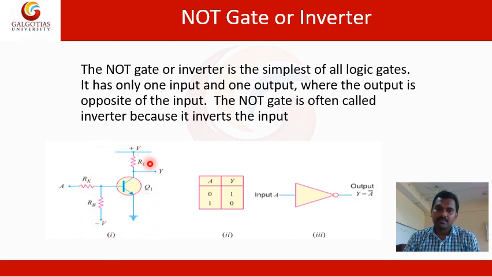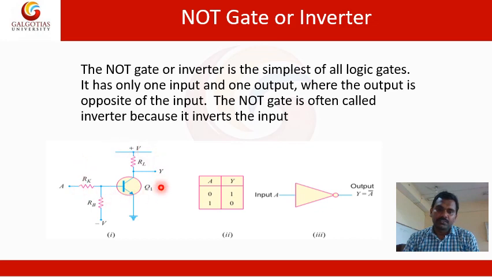And this is the equivalent transistor circuit for NOT gate. Whenever A is high, the transistor will be in cutoff mode because the biasing condition will not be correct. Therefore, the output at Y will be 0.